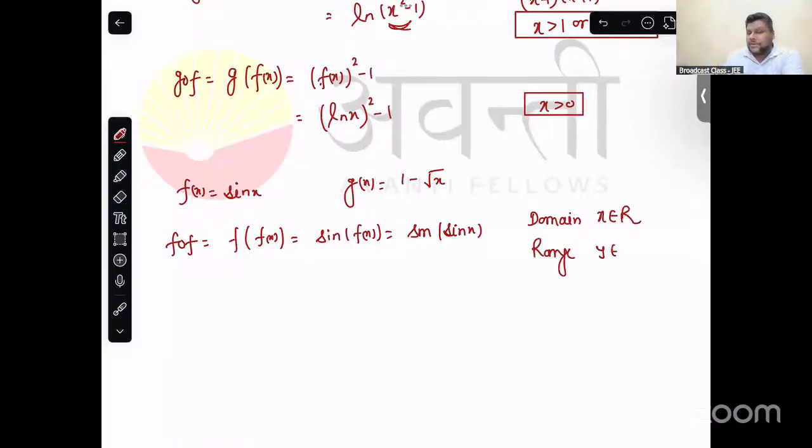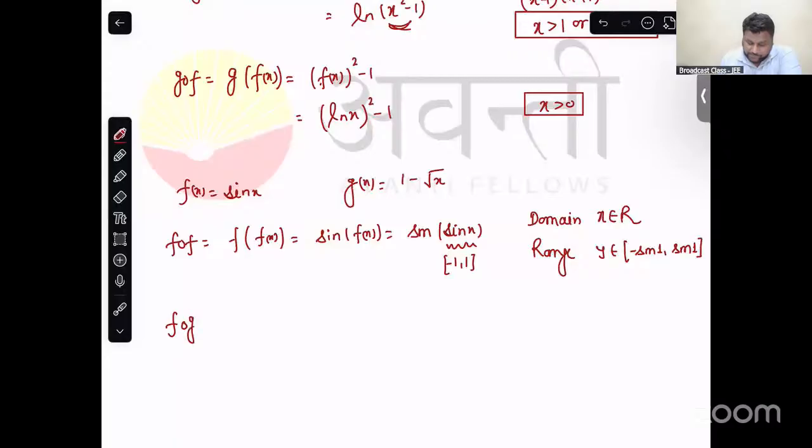See, after putting all the values of x, this sine x will lie from -1 to 1. Yes or no? Now, when these values go to another sine, what are you going to get? That is minus sine 1 to sine 1. Fair enough.